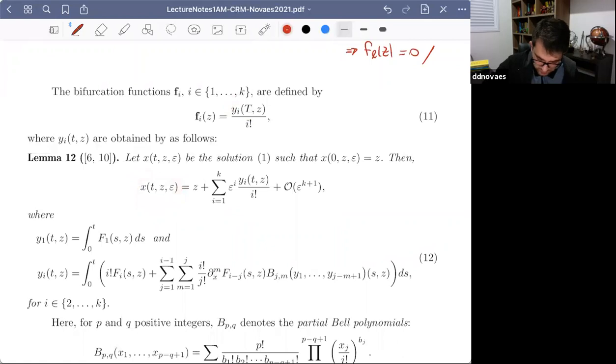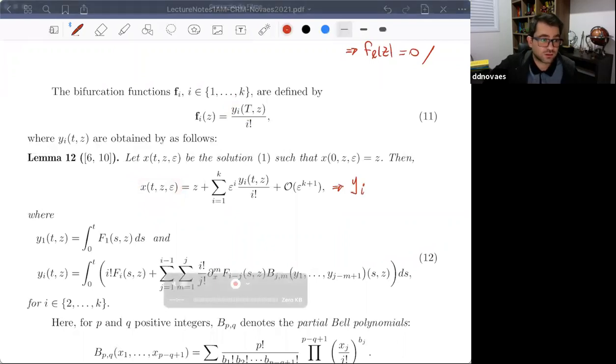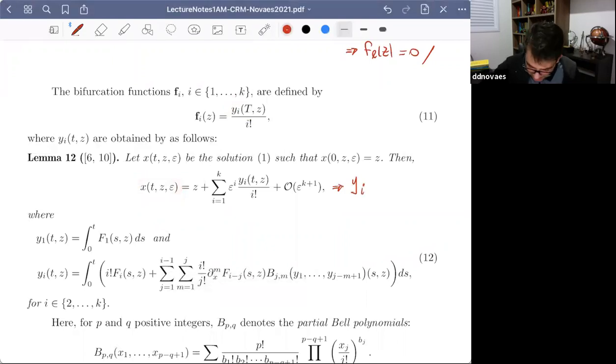So note that yi of t z is equal to the i-th derivative of x with respect to epsilon computed at t z 0.